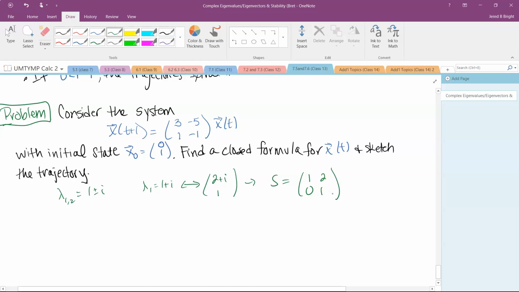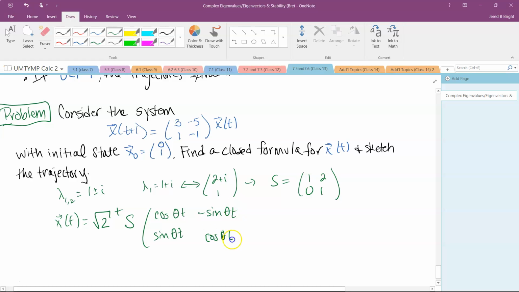So, okay, great. And then if we wanted to write this all out, we could write it as x of t is equal to, and then the length of this vector would be root 2, so this r is root 2 to the t, and then we have matrix S, and then we would have matrix of cosine theta t, sine theta t, minus sine theta t, cosine of theta t.